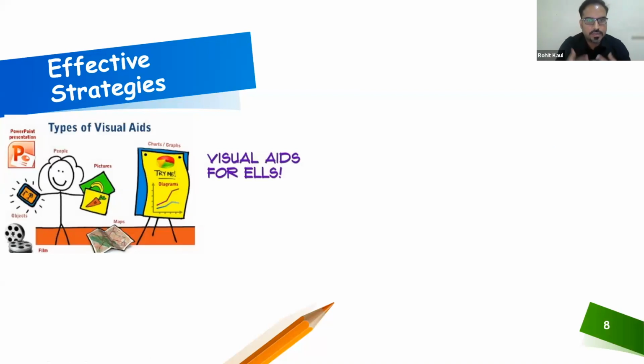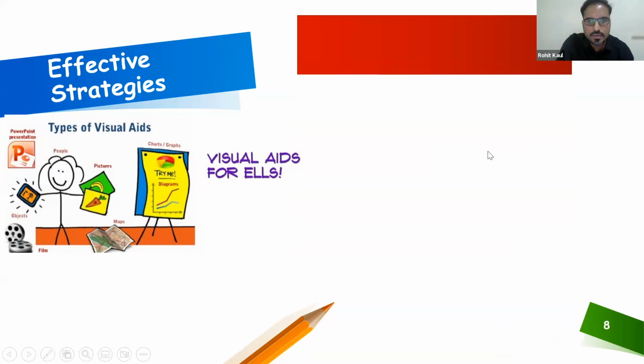Those are good ideas being shared here, and definitely these all are workable, and they all work well with the students. So those are the areas which I have thought about, the types of visual aids. It can be people, pictures, objects, films, maps, charts, graphs, PowerPoint presentations.